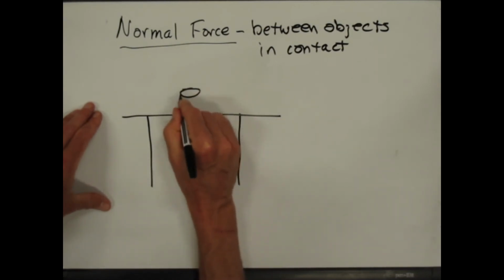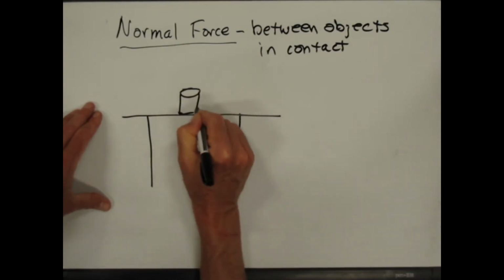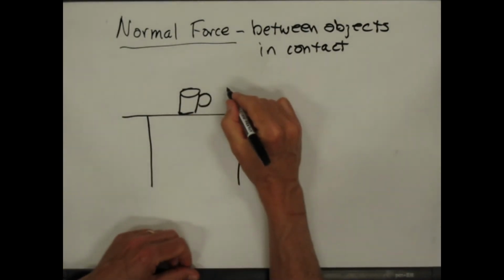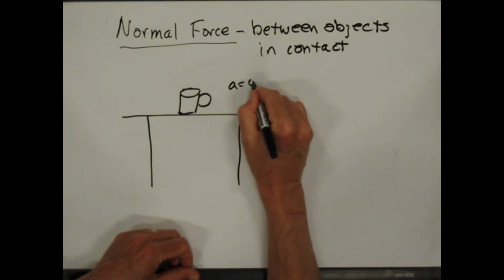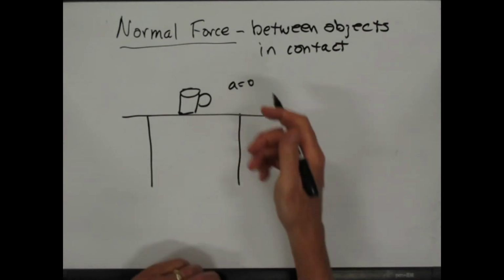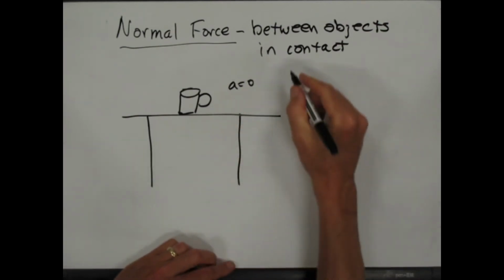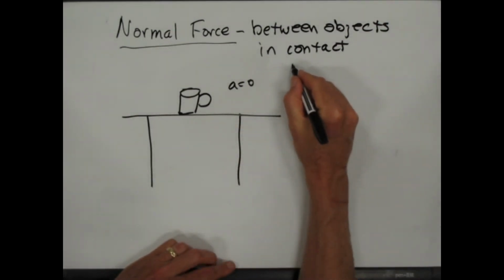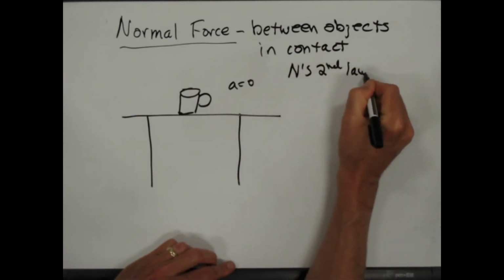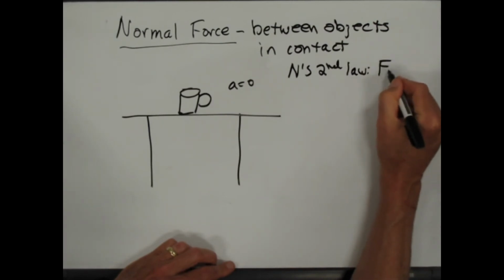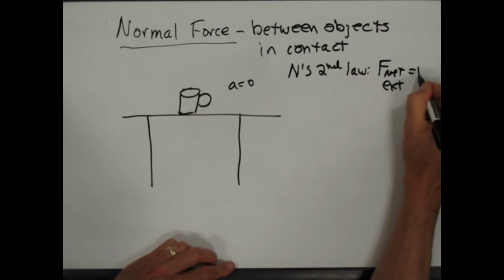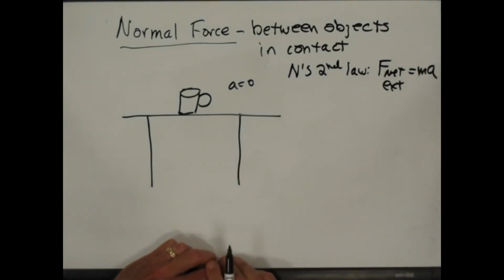Here's a cup sitting on a table, right? And so since the cup is at rest, we know its acceleration is 0 because it's at rest. If it's not moving, its acceleration has to be 0, right? And what that means is, by Newton's second law, F net external equals the mass times the acceleration, right?